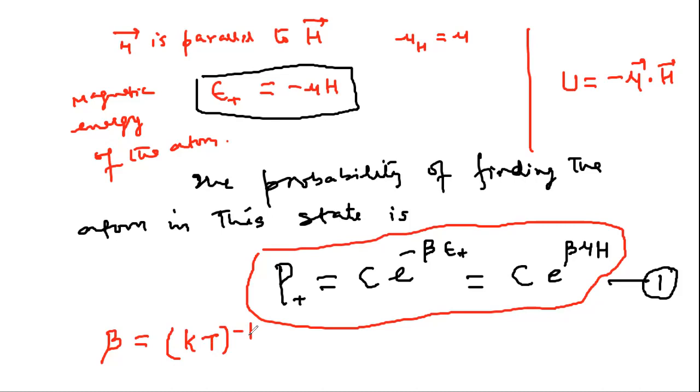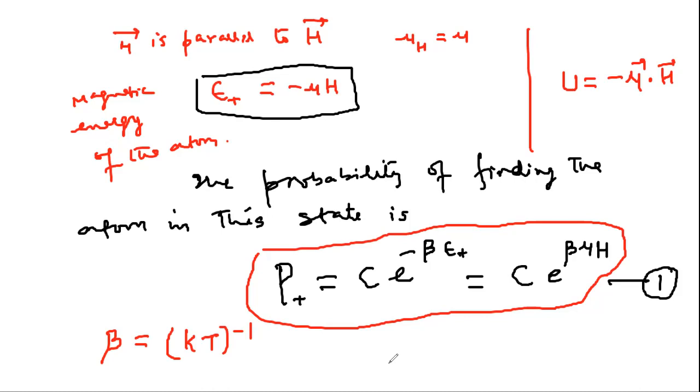Now this is the state of lower energy. Remember, when mu is in the direction of the magnetic field, it has the least energy among all other orientations. So the plus state, that is when mu is parallel to H, is the state of lower energy, and thus it is the state in which the atom is more likely to be found.